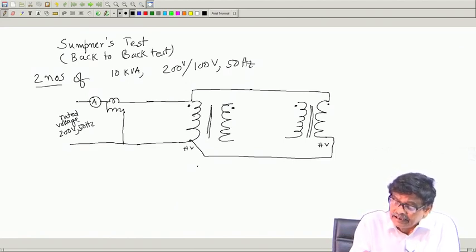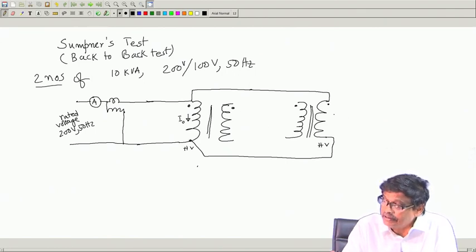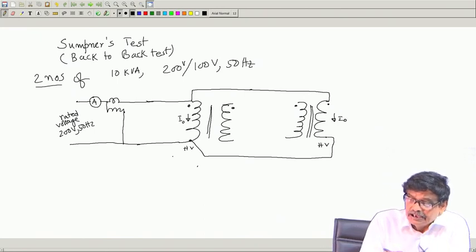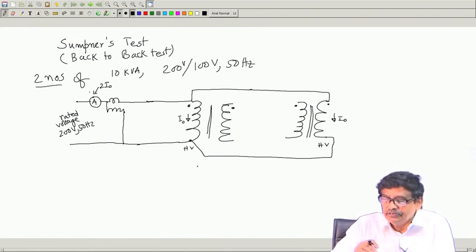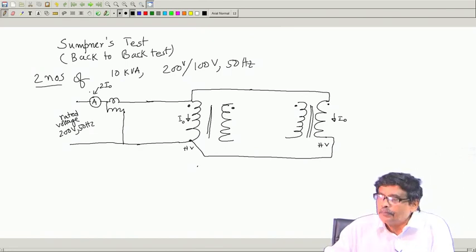Therefore, this transformer will draw its no load current, only no load current, secondaries are open, and this transformer also will draw no load current. Therefore, I would expect this ammeter will read 2 times the no load current. That is, whatever the ammeter reads, divide by 2 and that is the no load current of each transformer.